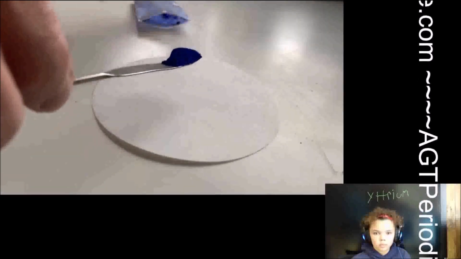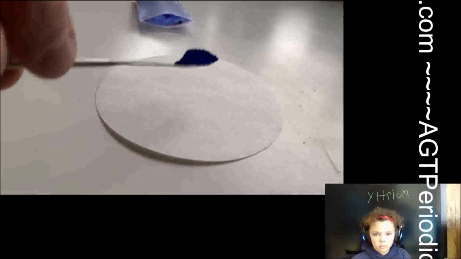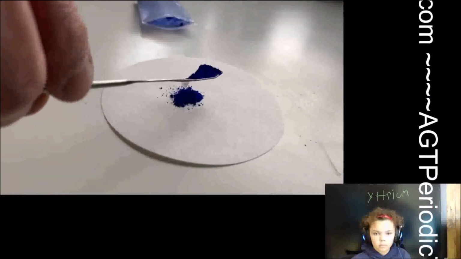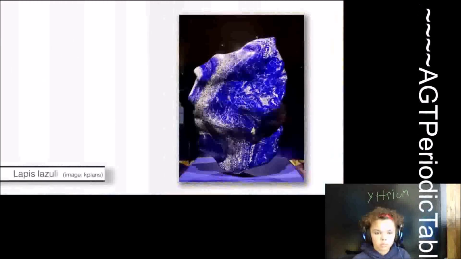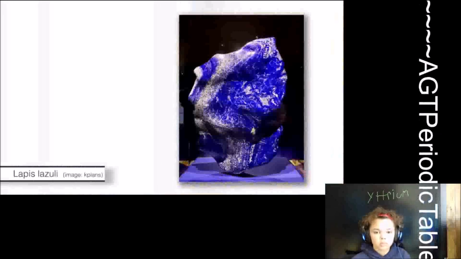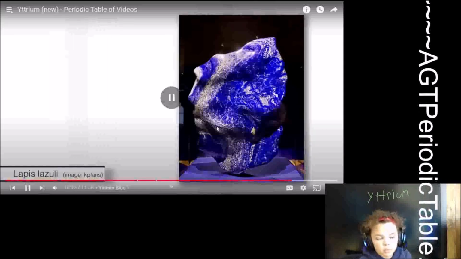A pigment is a highly intensely coloured material which you can use in paints. Until the 19th century, people used the mineral lapis lazuli, which is found very rarely in Afghanistan.